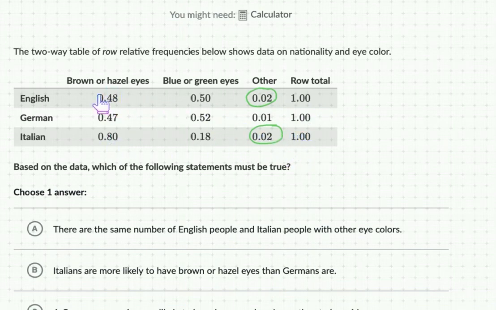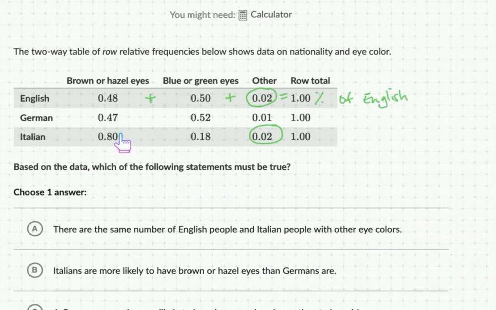What that means is that there's 48% of the English people that they surveyed that have brown or hazel eyes. There's 50% of the English people that have blue or green eyes. And then the remaining 2% of English people that have other colors. So 48% plus 50% plus 2% gave you that 100% of the English people.